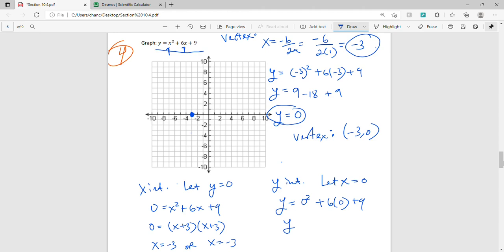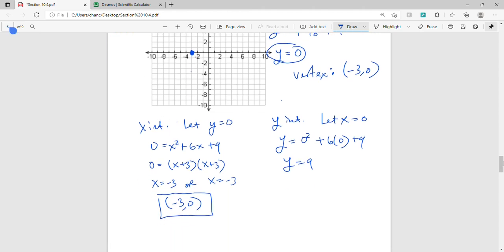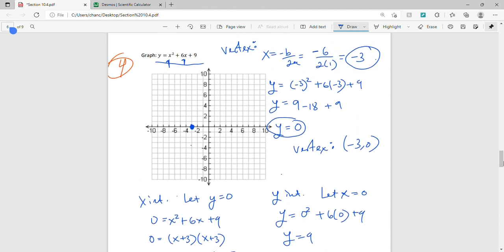And that gives us y equals 9, which means the y-intercept is the point 0, comma 9. We'll plot that on the graph, 0, comma 9. And that is right here, the point 0, comma 9.